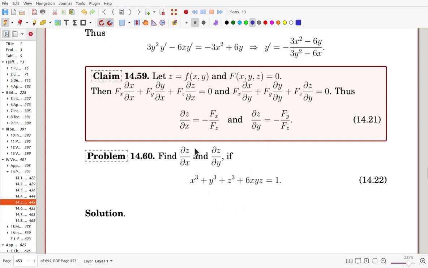Z is a function of x and y. Now it is defined in this way implicitly. Then if we call this portion capital F, then capital F is a function of x, y, z. They are independent variables for capital F.